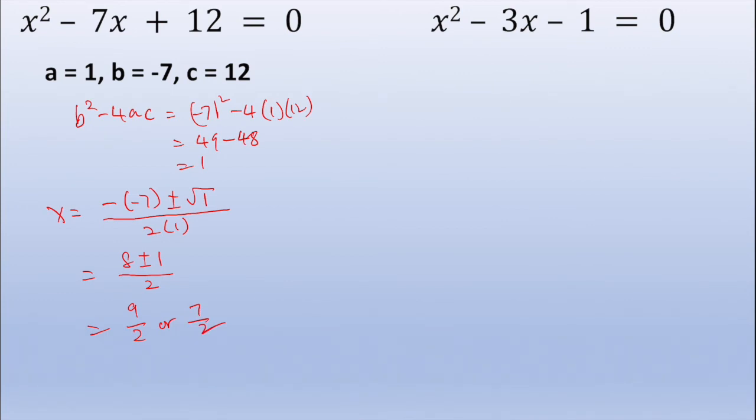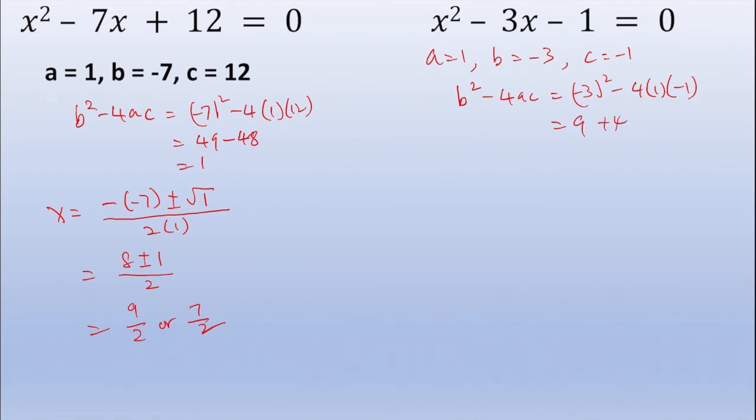All right, pause the video for a while and try the next question, please. We know that a is 1, b is minus 3, and c is minus 1. So b squared minus 4ac is minus 3 squared minus 4 times 1 times minus 1. So 9 plus 4 equals 13.